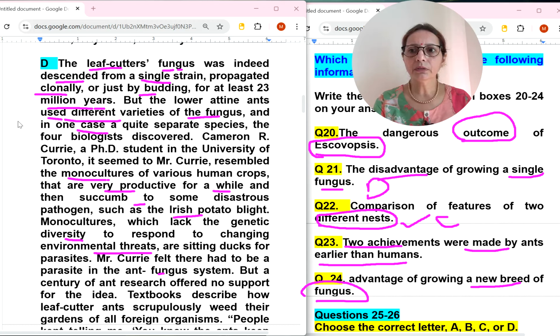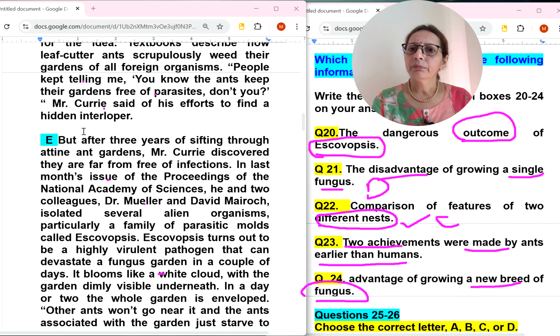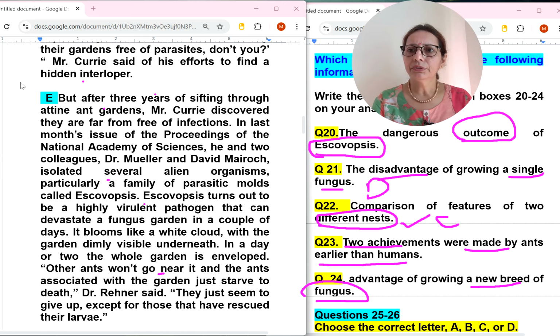Okay, so let's move to next question. Next paragraph. Okay. But 3 years after sifting through Attini gardens, Mr. Curie discovered they are far from free of infections.